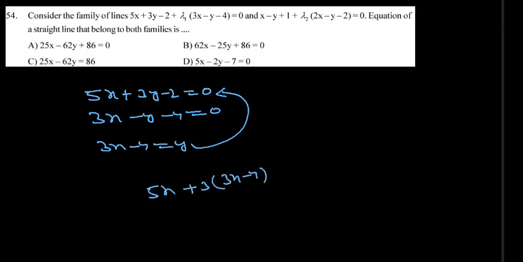So first of all, I want to solve 5x plus 3y minus 2 equal to 0 with 3x minus y minus 4 equal to 0, or y equal to 3x minus 4, let's substitute this variable here. So 5x plus 3 times of 3x minus 4 minus 2 equal to 0, or 5x plus 9x minus 12 minus 2 equal to 0, or 14x equal to 14, x is equal to 1.